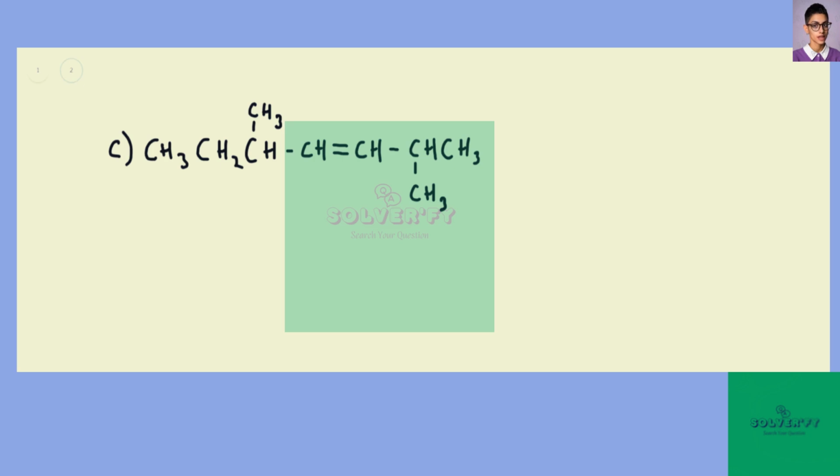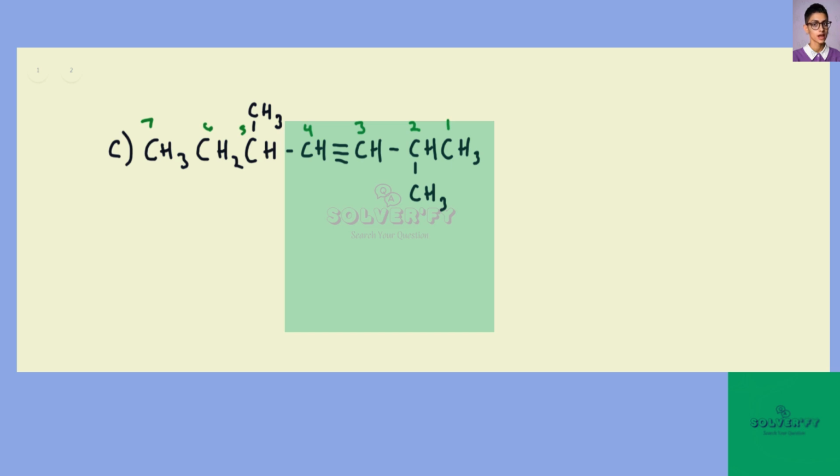And so on C, let's find our double bond. It's right here. So we're going to start numbering our carbons over here. It'll be 1, 2, 3, 4, 5, 6, 7. So that tells me that my root is a heptene because there are 7 carbons in that chain.